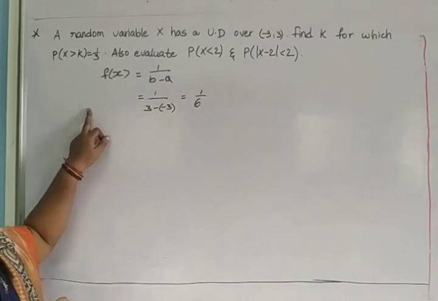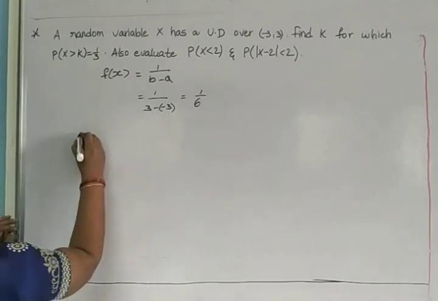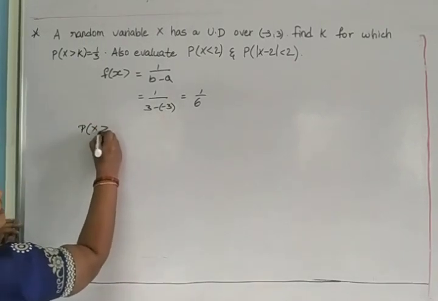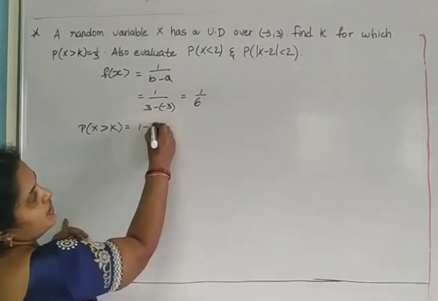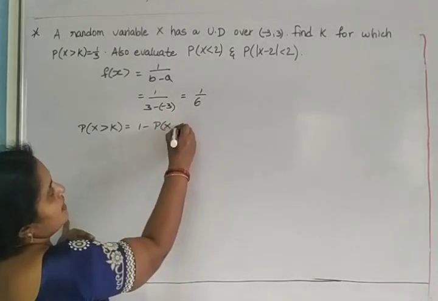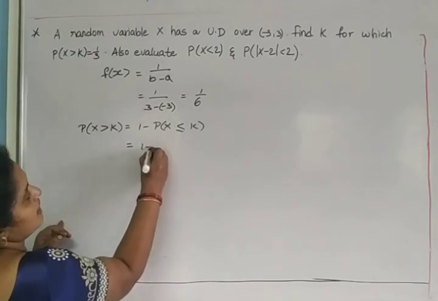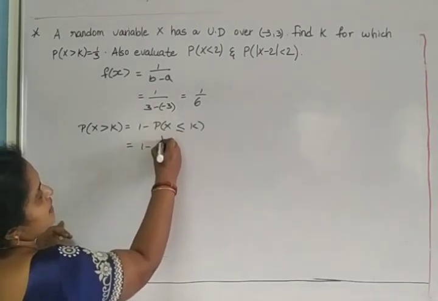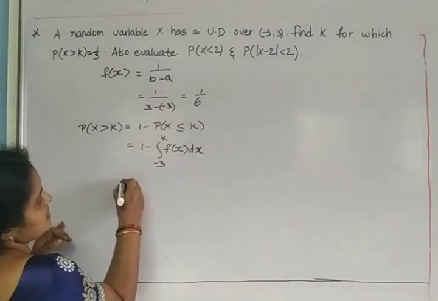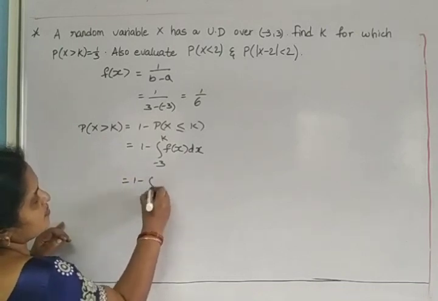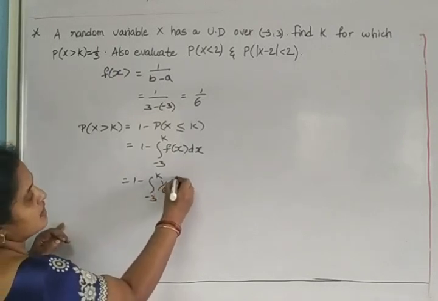Now we have to find out k. So first we have to evaluate p of x greater than k. This can be written as 1 minus p of x less than or equal to k. So this is equal to 1 minus integration minus 3 to k f of x dx, which means 1 by 6 into dx.